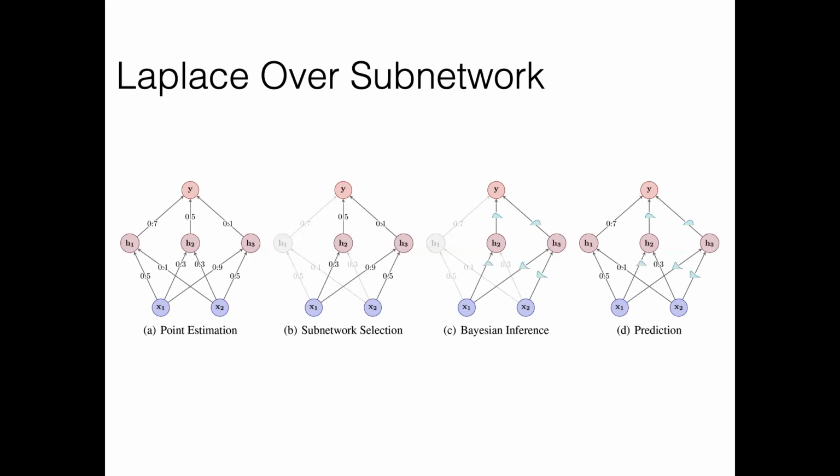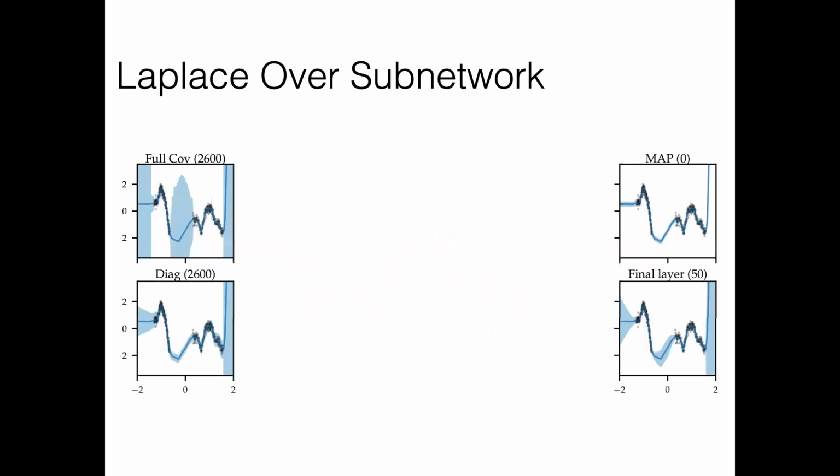You have to have some sort of heuristic or metric or inductive bias that tells you what's the most active subnetwork that's crucial to making these predictions. And then the idea is you just perform Bayesian inference over that subnetwork. Of course, you could apply this idea to other types of variational inference as well, but it's very easy to apply to the Laplace approximation because you can just take some function of those existing weights.